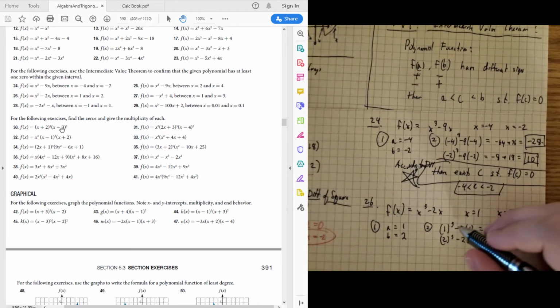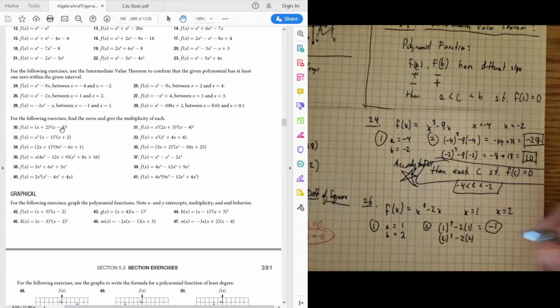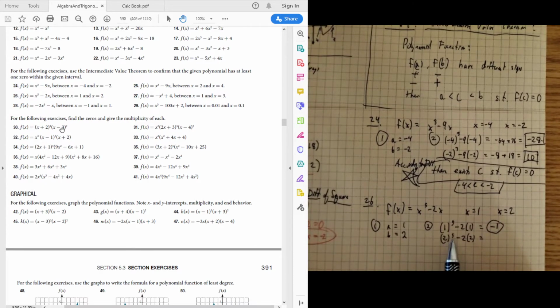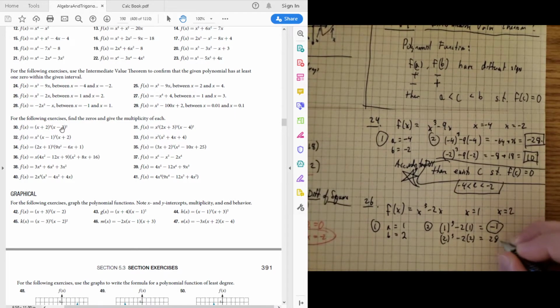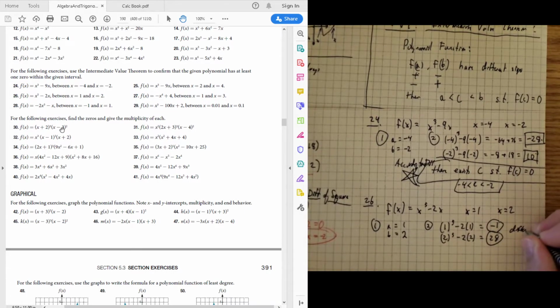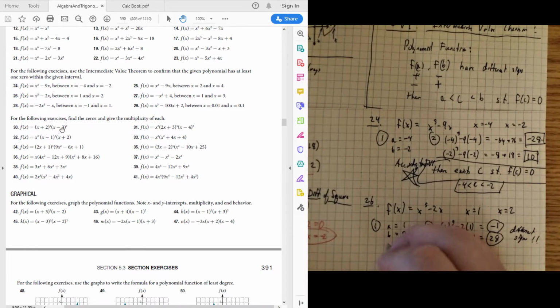1 to the fifth is 1. 2 times 1 is 2. 1 minus 2 is negative 1. Okay. The bottom one. 2 to the fifth is 32. Minus 2 times 2 is 4. 32 minus 4 is 28. Notice how these have different signs. One of these is positive. One of them is negative. So what do we write as our answer?